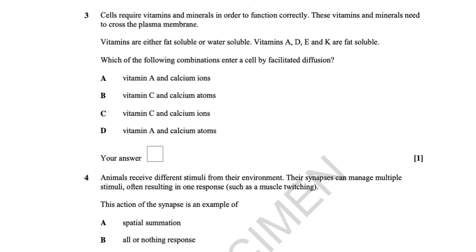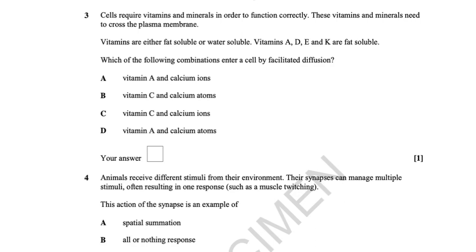It then asks which of the following combinations enter the cell by facilitated diffusion. Now, facilitated diffusion is assisted diffusion. To facilitate is to assist, so it's by using some form of a protein channel or protein carrier. It's still diffusion, which is the movement of substances down their concentration gradient. So in this, it's first of all thinking about which things can you exclude.